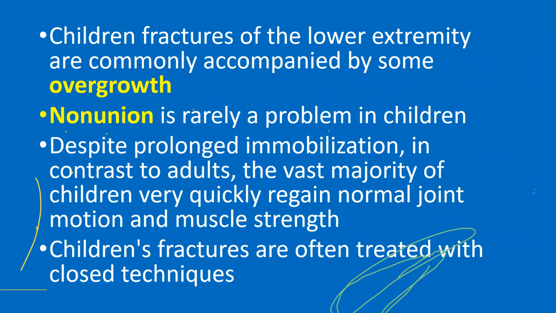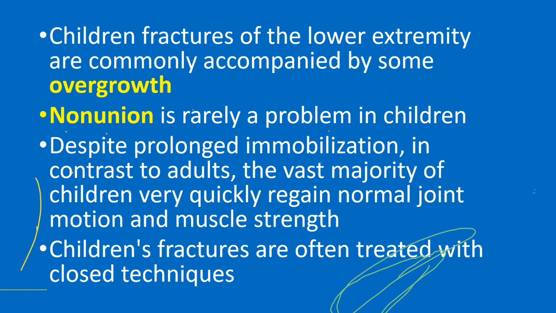For this reason, in children, at times, we accept side-to-side reductions to avoid this overgrowth. Non-union is rarely a problem in children, despite prolonged immobilization. In contrast to adults, the vast majority of children very quickly regain normal joint motion and muscle strength.